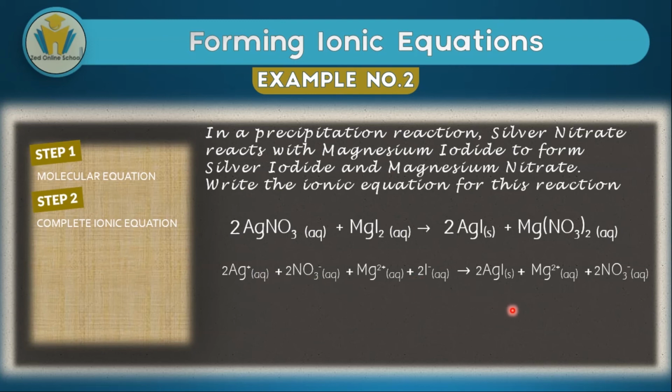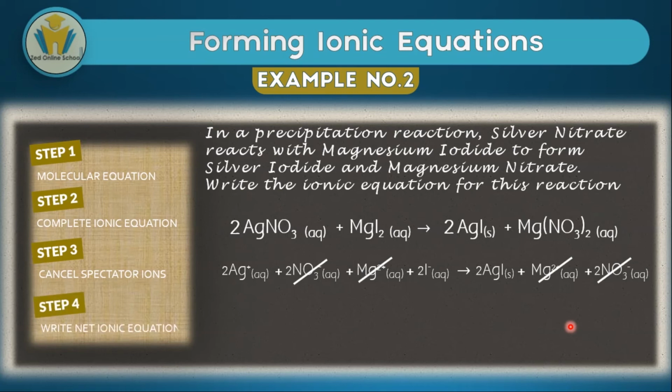Next, we look for the spectator ions and cancel them. Magnesium is on both sides, nitrate is on both sides. So we look here, we cancel on our product side and do the same for magnesium. Then we write our net ionic equation, which is the equation involving only the things that are remaining.